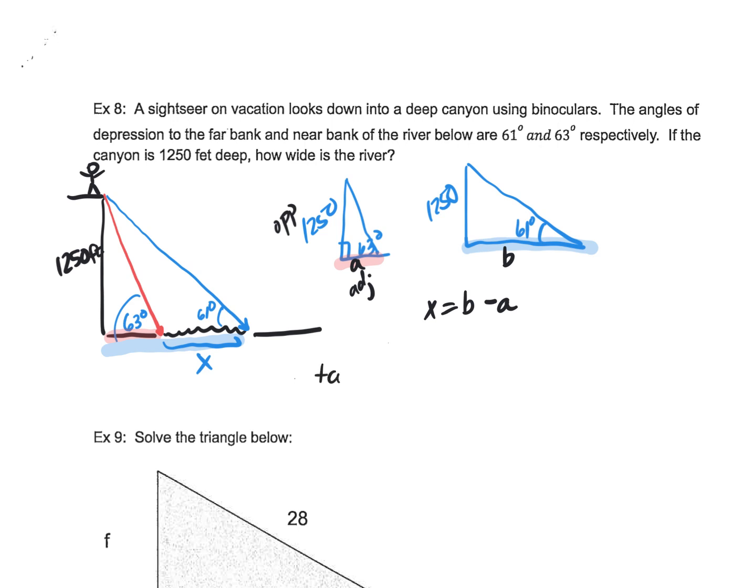So the tangent of 63 degrees is going to be what? Opposite over A, right? So A is going to be 1250 divided by tangent of 63 degrees.